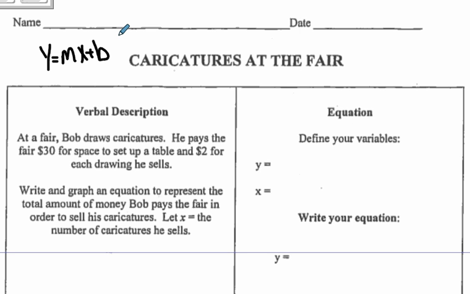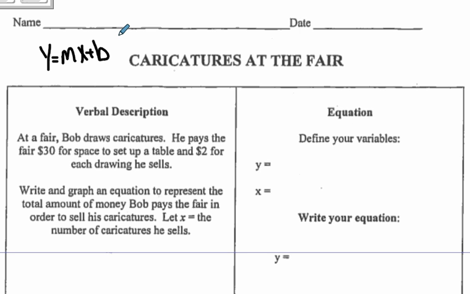So just so we understand what this means, Bob goes to a fair, he rents a space, and he has to pay $30 just for that space. That's a flat fee. And then every time he sells a drawing, maybe he sells it for $20 or $30, it doesn't tell us, but for each drawing that he sells, he has to give the fair $2 back.